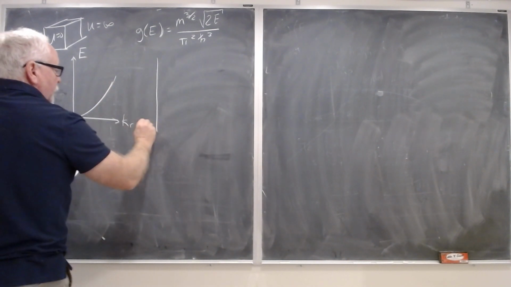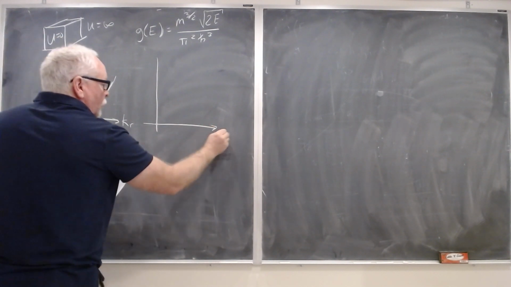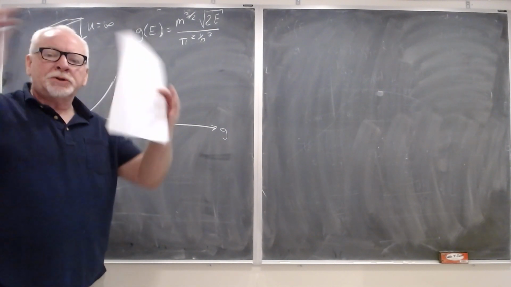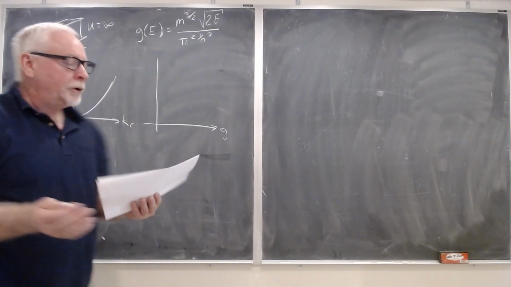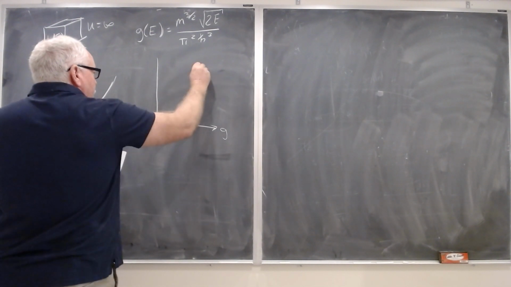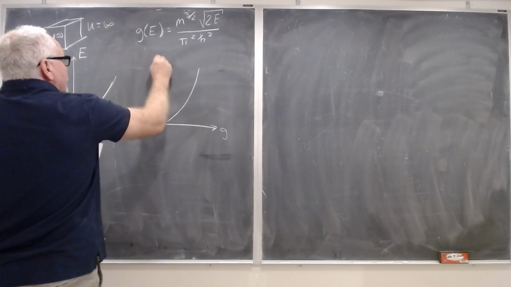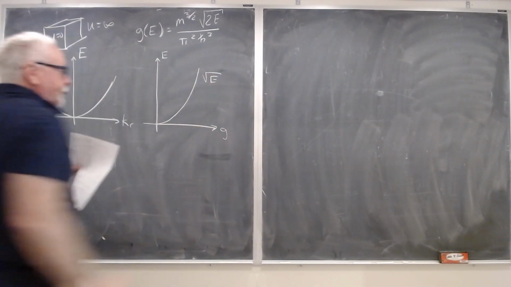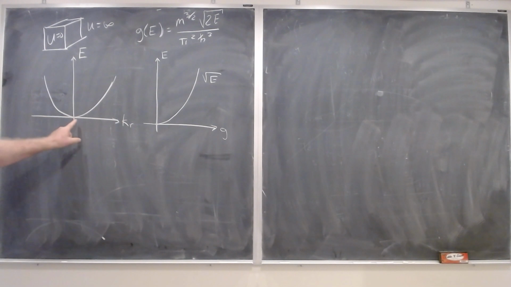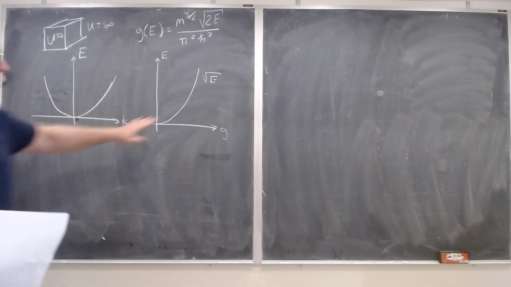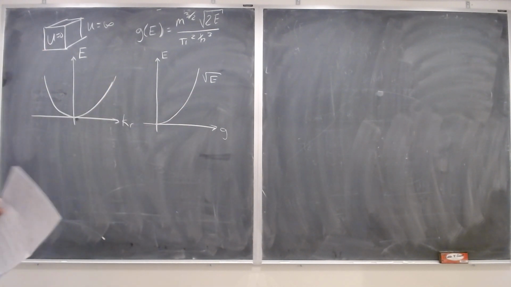And so when you calculate the density of states, and remember the picture of the sphere and the spherical shell, it goes up as the square root of E. Meaning the density of states is 0 at the bottom of the band, and then it goes up with the square root of energy.